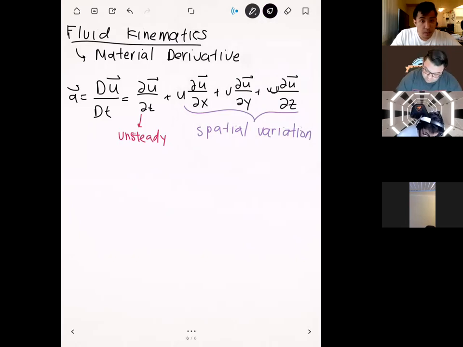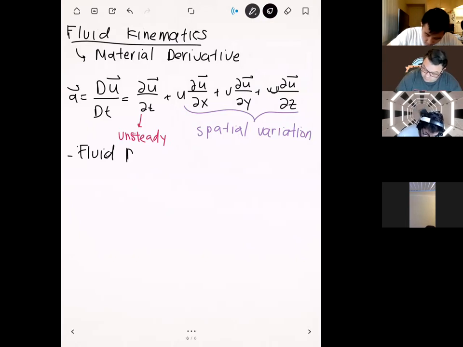And so that was the material derivative. This is going to be a big part, so you'll actually see this again. This is a big part of the Navier-Stokes equations. So I just wanted to remind you of that as we start going.